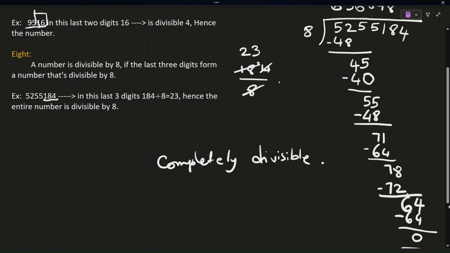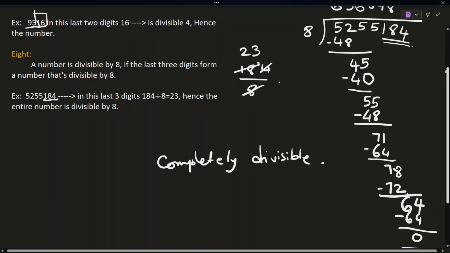To avoid all that, if you remember this rule, you can take only the last 3 numbers to find out whether it is divisible or not. If there is no remainder, it is divisible. If a remainder comes, you can say it is not divisible.